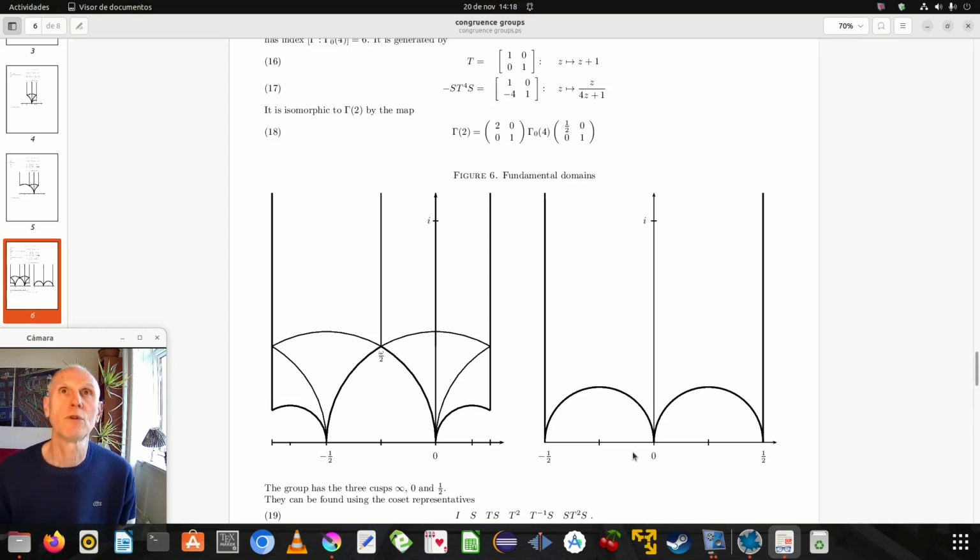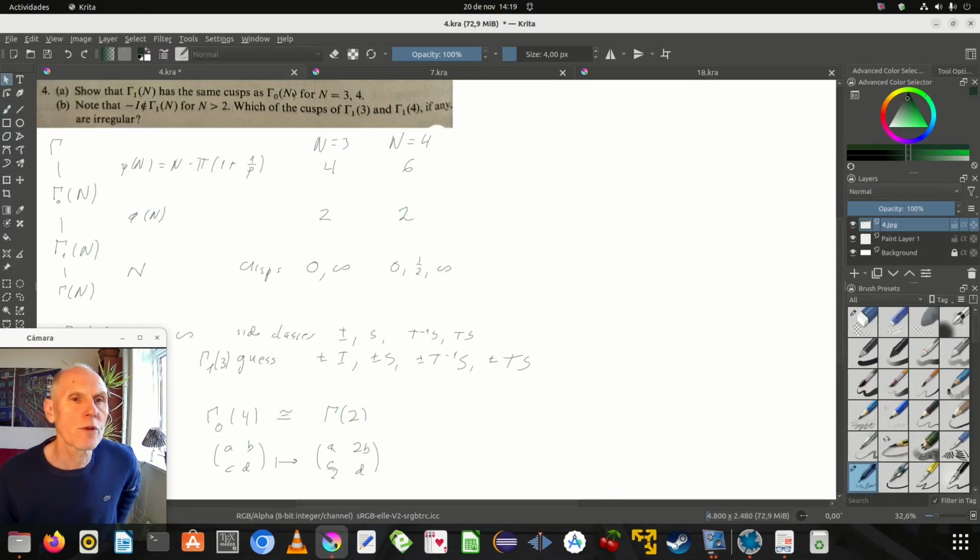Of course it does. So I'll just say it's infinity, naught, and 1/2. That was A. And this we really already noted in problem 3, or it's kind of necessary.